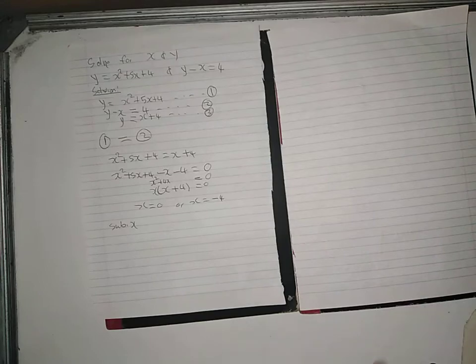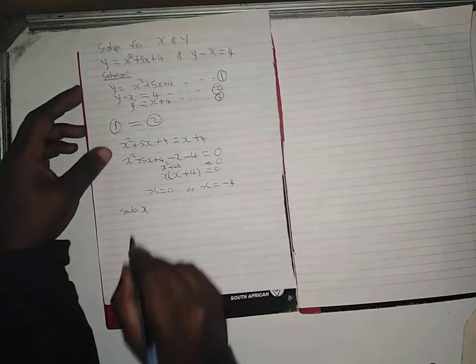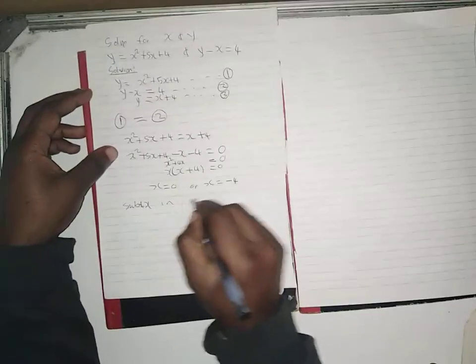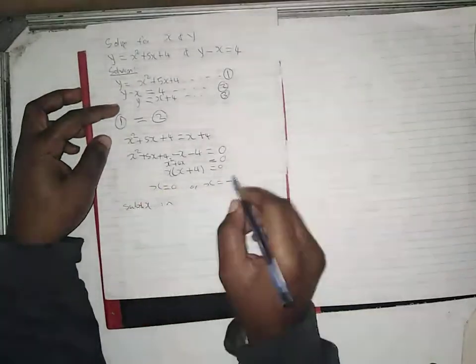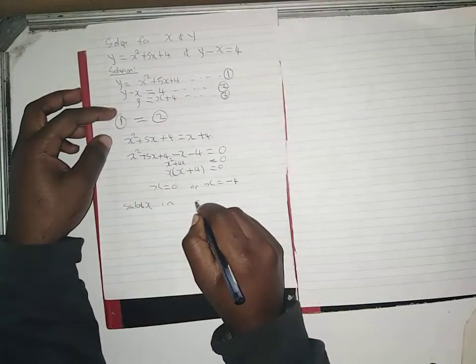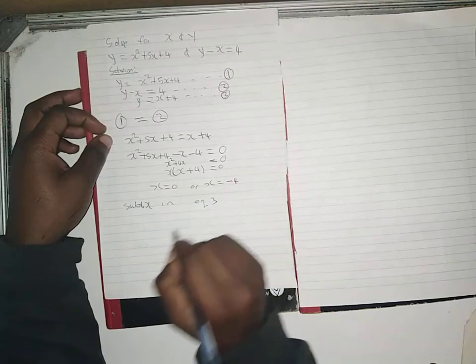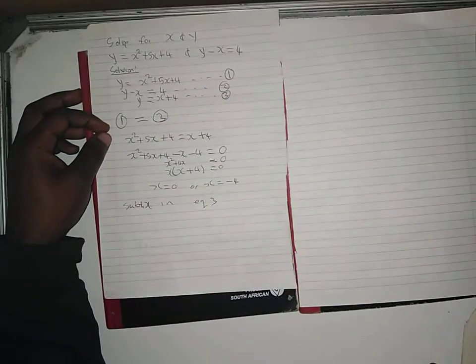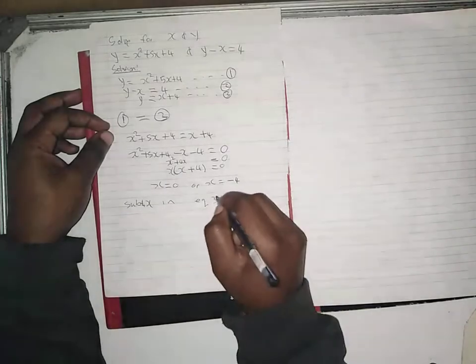Tell them exactly what you're doing. For example, here I'm substituting x in equation 3, the easiest one. Guys, I made a mistake here. I can see it's equation 1 and equation 3, not equation 2. Sorry for that.